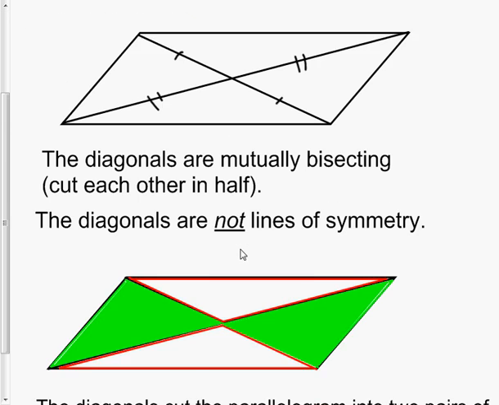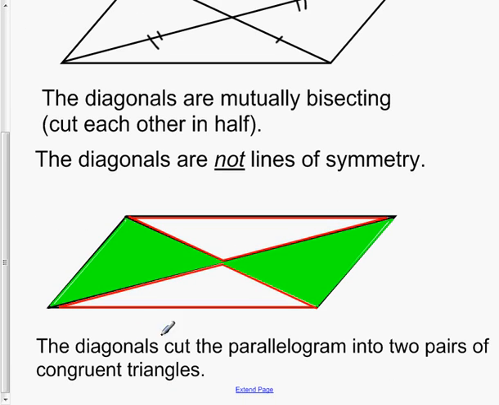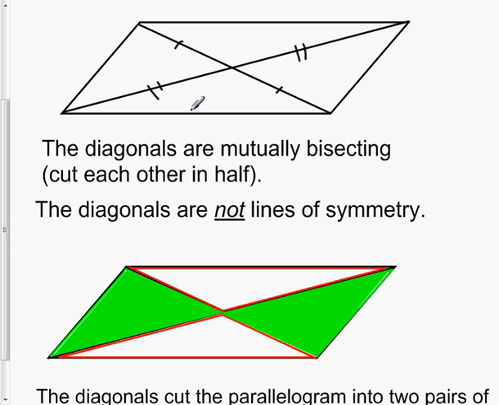Okay, and then let's look at the bottom here. The diagonals do cut the parallelogram into two pairs of congruent triangles. So this green triangle is congruent to this green triangle, and this red triangle is congruent to this red triangle. And if you just use one diagonal, like I showed you before, it cuts it into two congruent triangles that way.